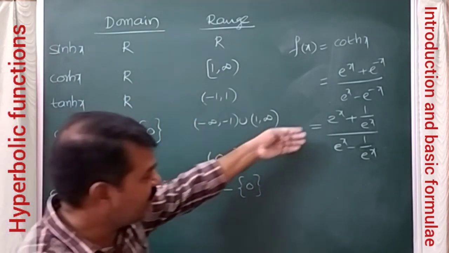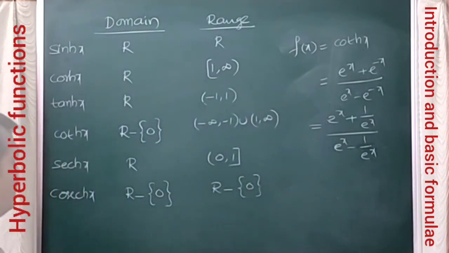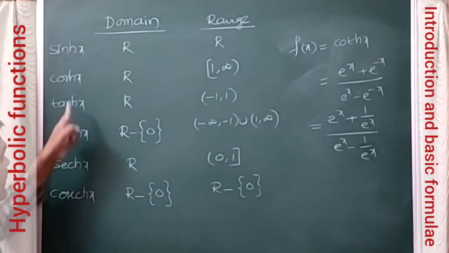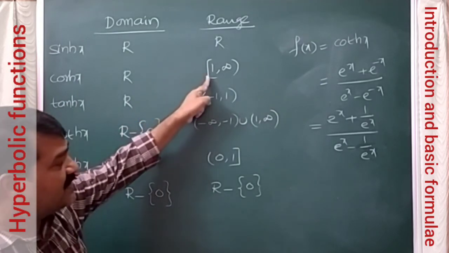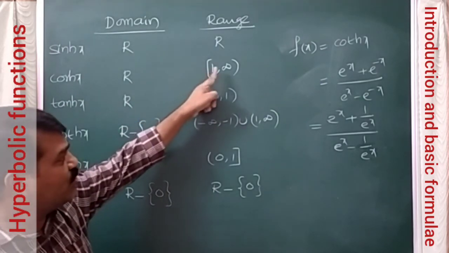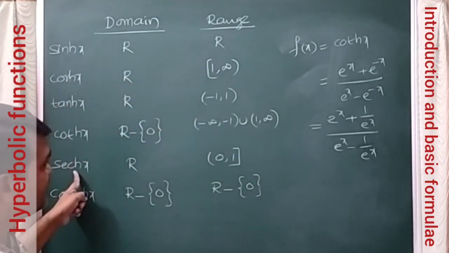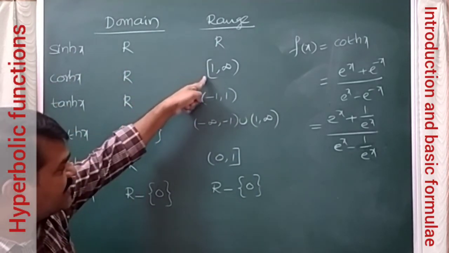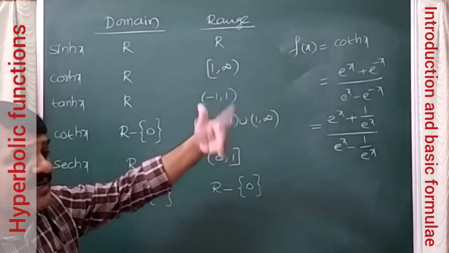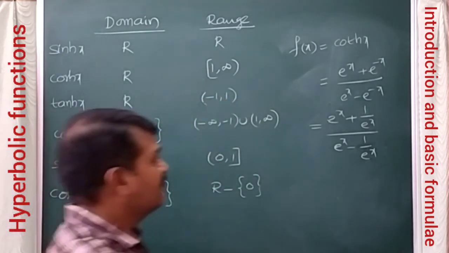You can clearly observe the numerator is more than the denominator. And when we come to secant hx, see, cos hx range is 1 to infinity. Reciprocal of cos hx is secant hx. So secant hx definitely will not lie between 1 to infinity, no?